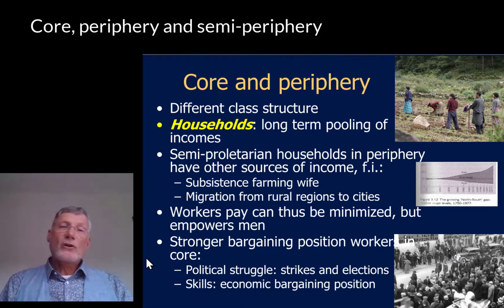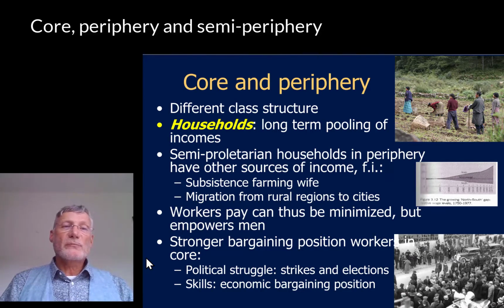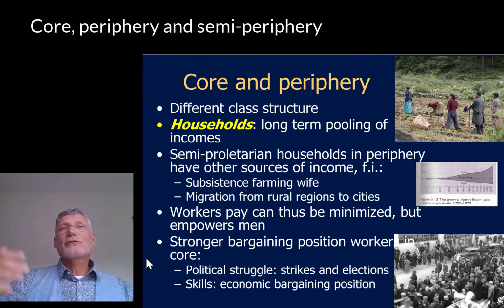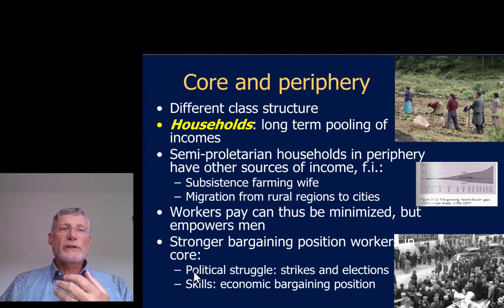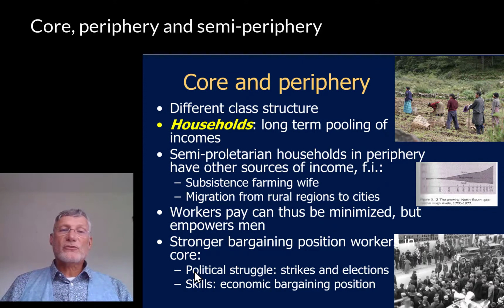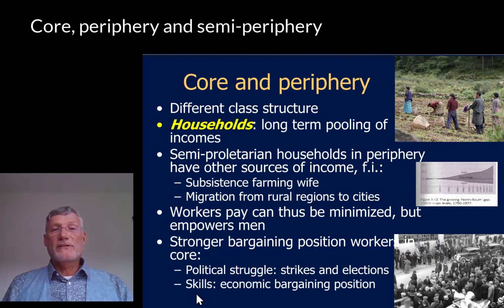In the core, there were also a lot of semi-proletarian households, but over time those households have become proletarized, in the sense that all their income comes from wages. On one hand this is based on the political struggle of the workers who strike and get better wage conditions. On the other hand, the economy develops and requires better skills, which means that those workers are in a better bargaining position.